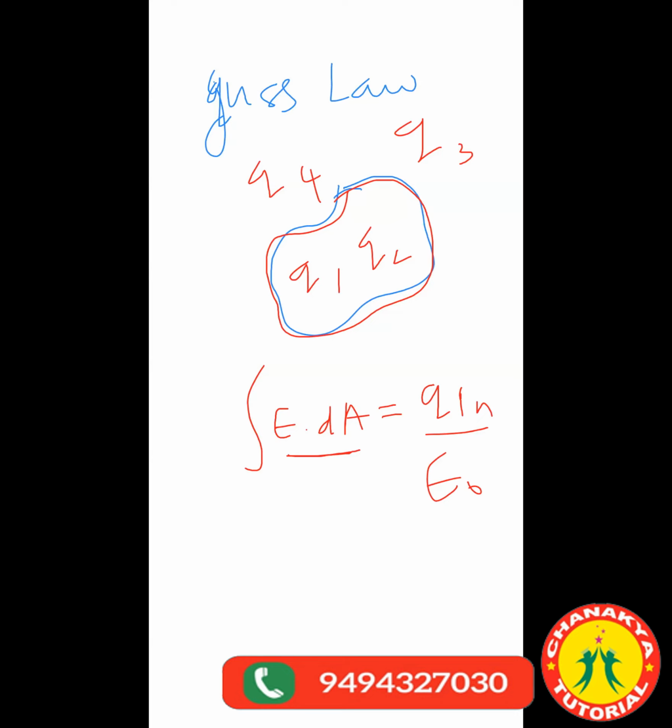And it is equal to Q in by epsilon naught. Note down that point: E is due to Q1, Q2, Q3, Q4, and Q in is equal to Q1 plus Q2.